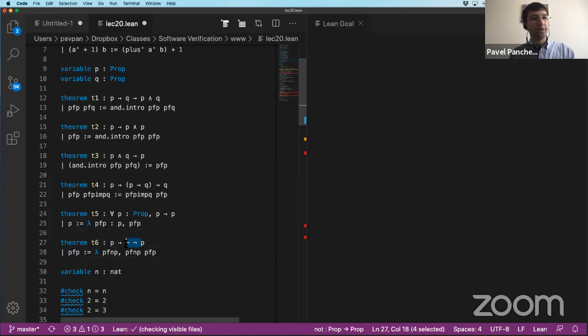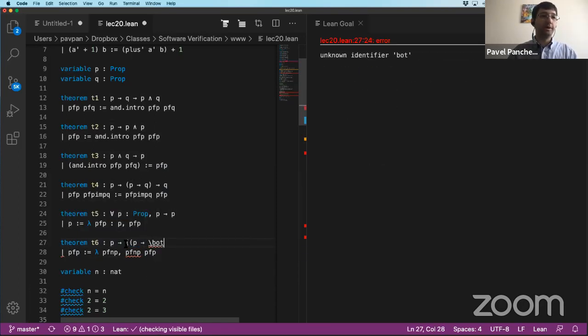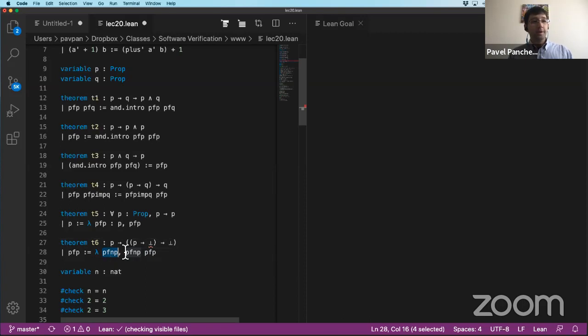Another way of thinking about this is to say that not P is actually defined by something like that. And so here I have this argument, which is a function of type P to contradiction. And I apply that function to my proof of P and get the contradiction that I am supposed to return.